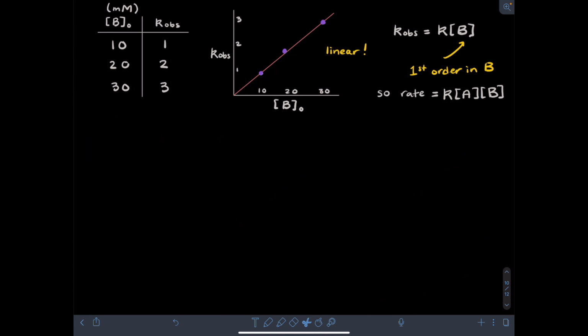So our rate law is the rate constant times the concentration of A times the concentration of B.